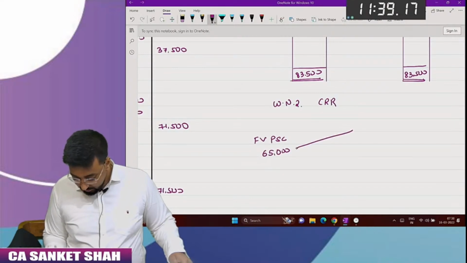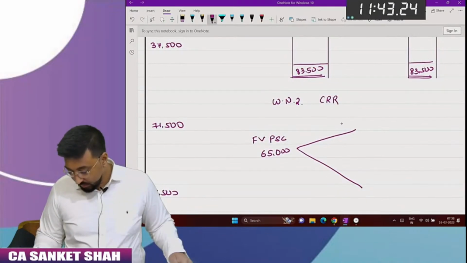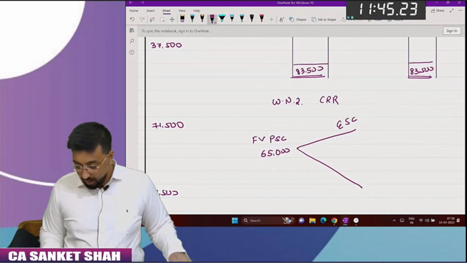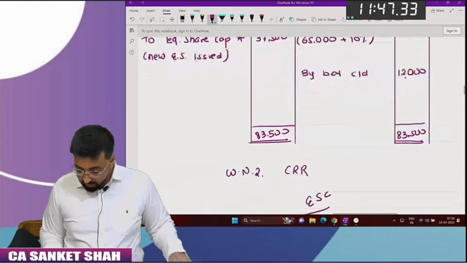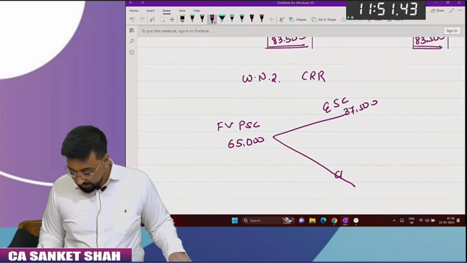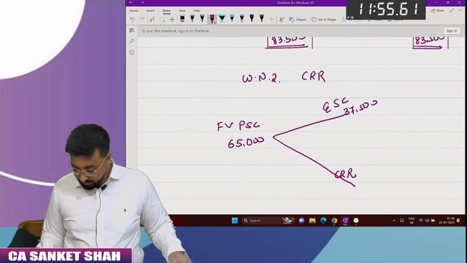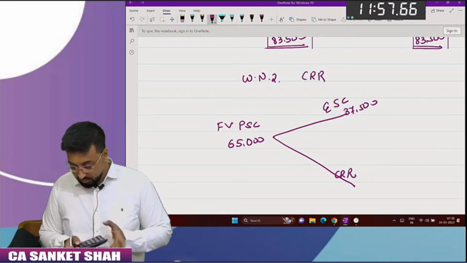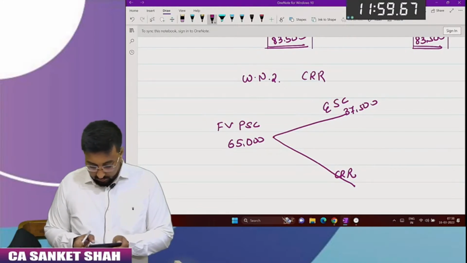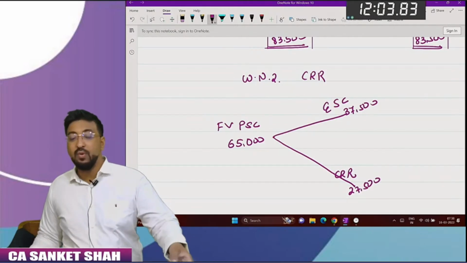65,000. Equity share capital out of this issued 37,500. And CRR 65,000 minus 37,500, yes, 27,500. So CRR will be beta 27,500.